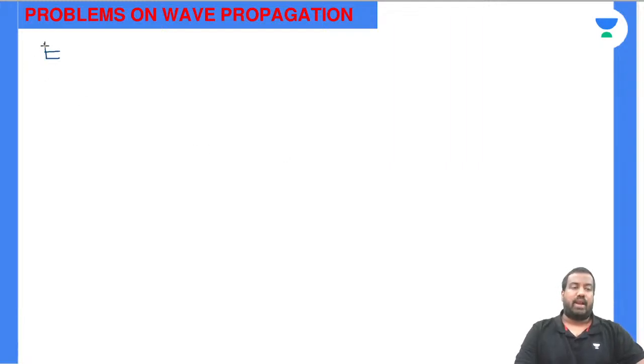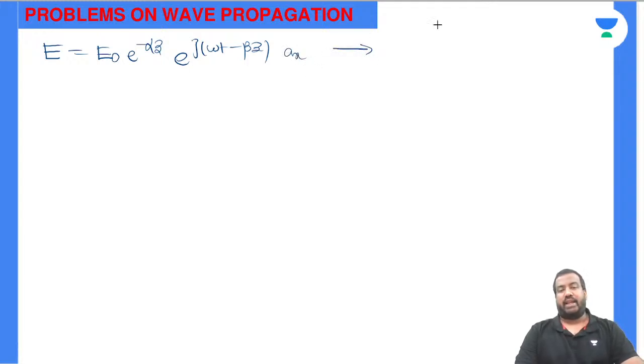E is equal to E naught into e power minus alpha z into e power j of omega t minus beta z into a x, which is the expression for E for a wave propagating in the z direction, with electric field along the x direction and magnetic field along the y direction.